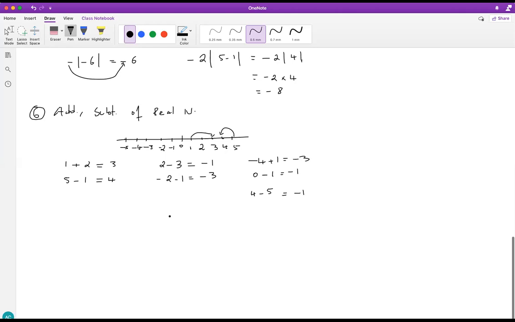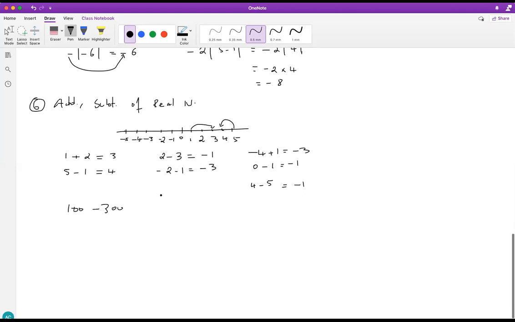Okay, but sometimes you may have large numbers, let's say 100 minus 300, for example. Obviously, we're not going to put 100 on a number line, or put 1, 2, 3 all the way to 100, all the way to negative 100. But we need to get some rules from these examples.